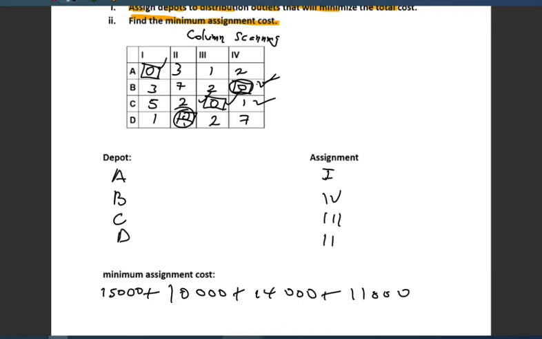So we just add all of this together. We're going to get 15 plus 10, that's 25.